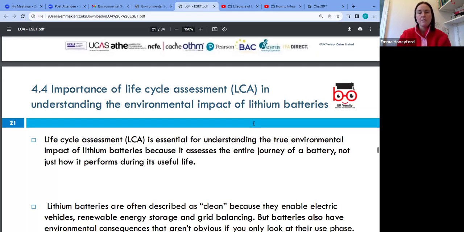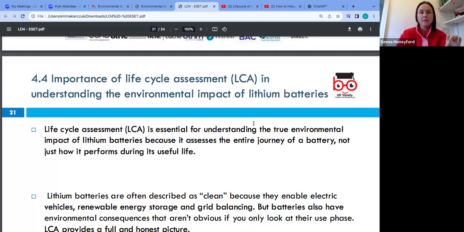So obviously, it is important when we look at different energy solutions to understand how sustainable they actually are. Are we just swapping one environmental problem for another? And this is where life cycle assessment can be a useful methodology to understand the true environmental impact across the whole life cycle of a certain energy system.